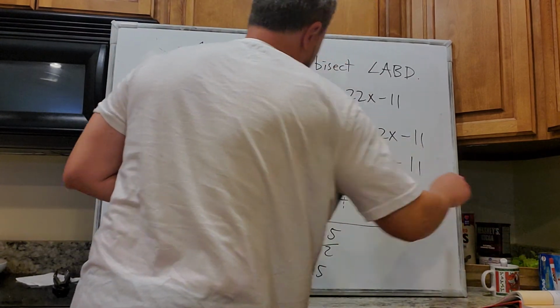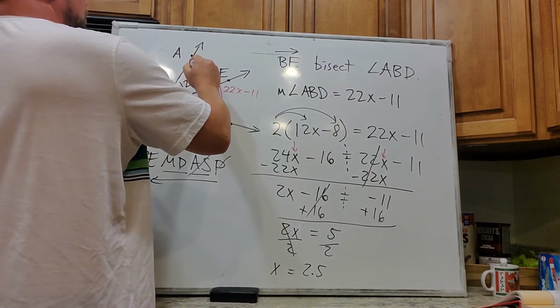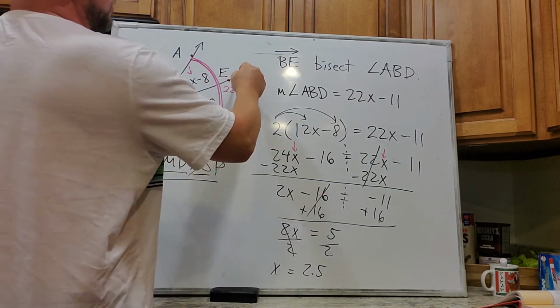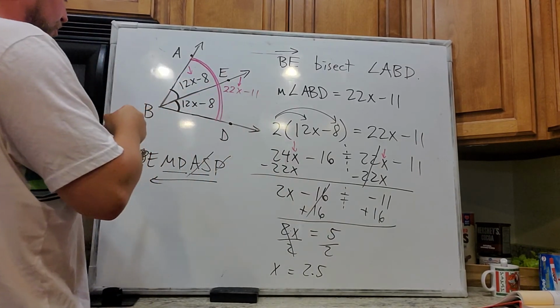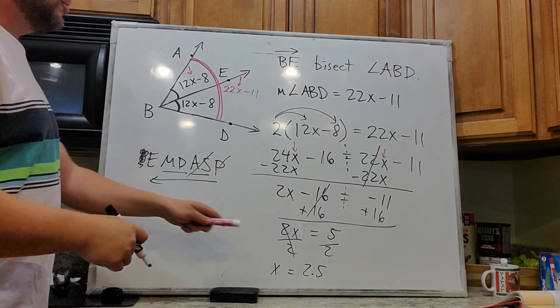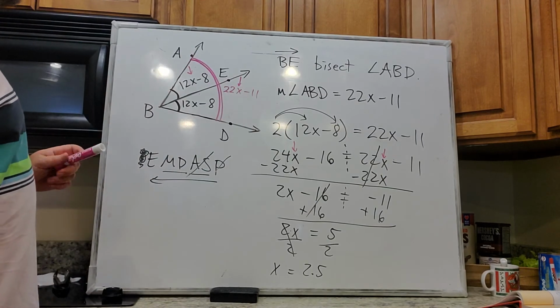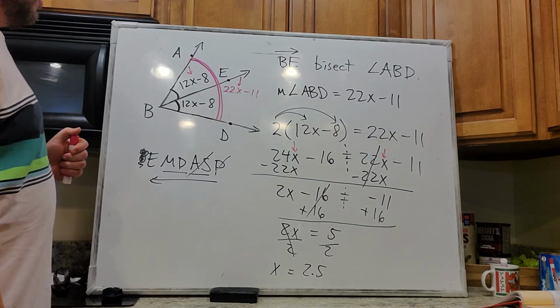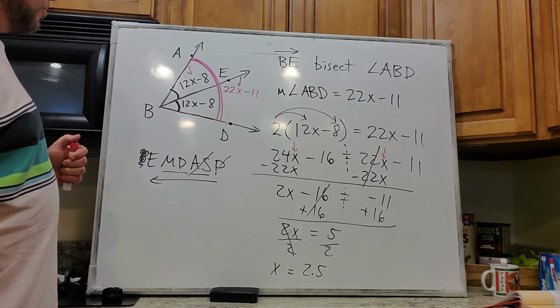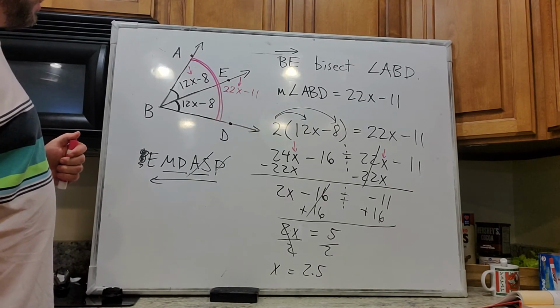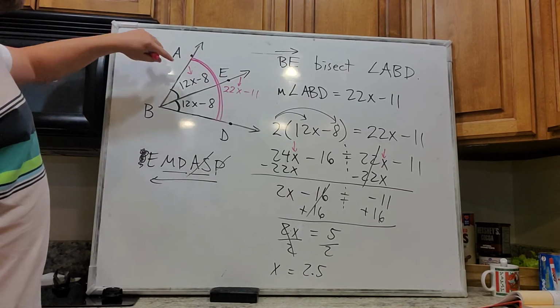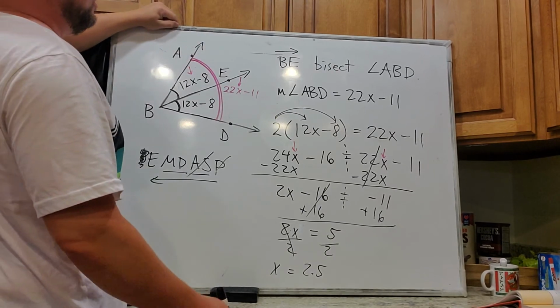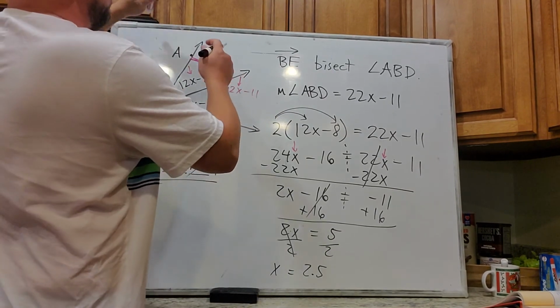I can always plug it back in to get each of my angles as well. If I plug that 2.5 back into either one here, or you could even plug it into the total if you'd like: 2.5 times 12, that's 24 plus another 6, which is 30. 30 minus 8 is 22.